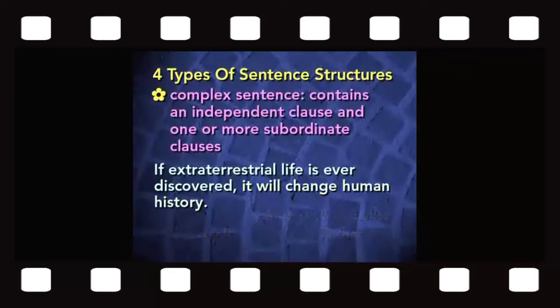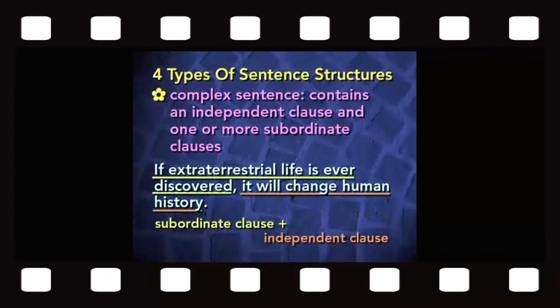In this case, therefore, we have a subordinate clause first, followed by an independent clause. The two things work together to create a single, complete thought. If extraterrestrial life is ever discovered, it will change human history. The first clause sets up a possibility, and the second clause explains what would happen if that possibility comes true.